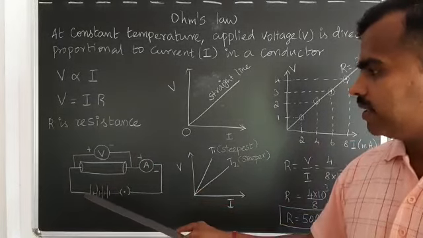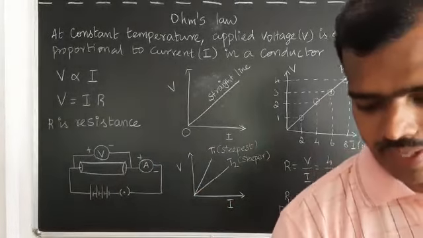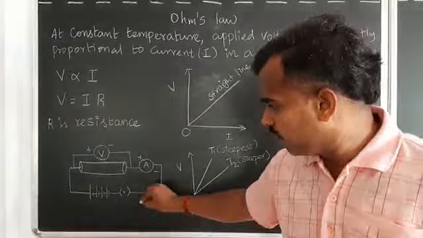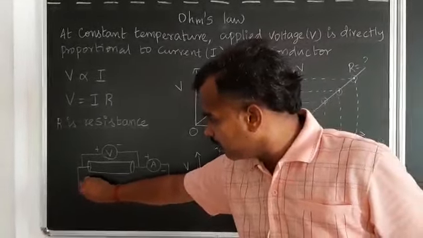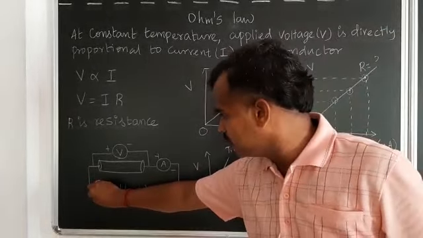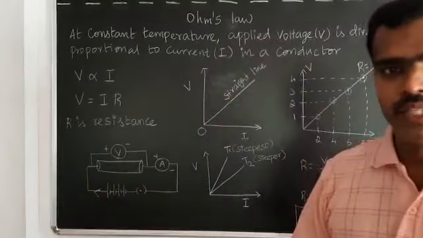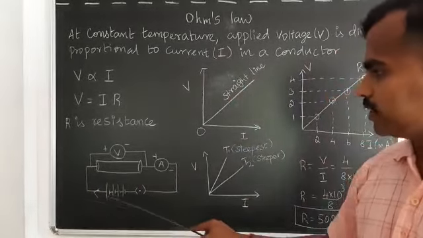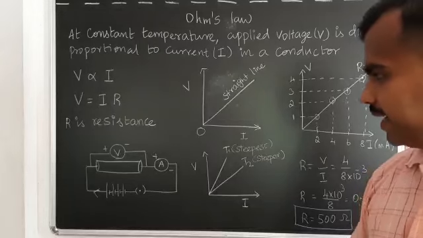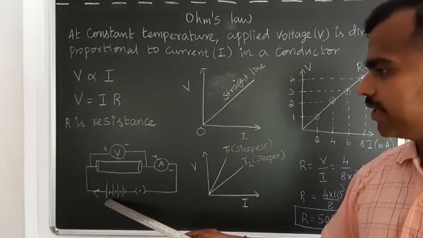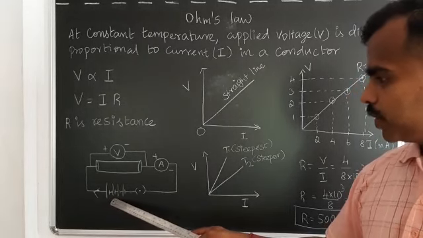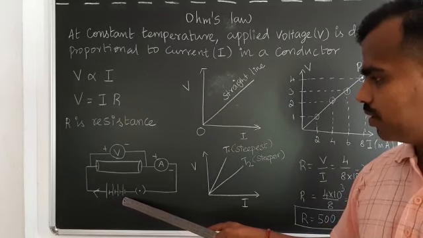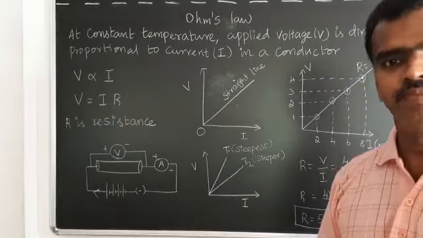So what will happen if you switch on the power? The current will flow from the positive to the negative terminal. Here we have how many cells are we using? 1, 2, 3, 4. 4 cells are connected in series.